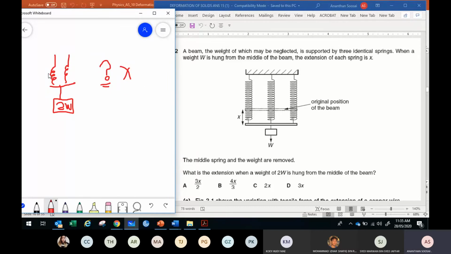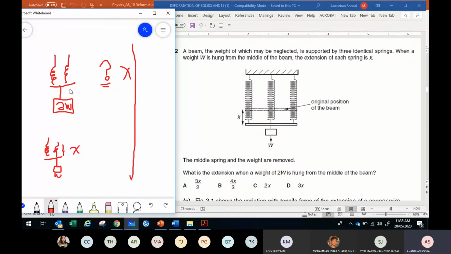So how to do this question? 2 springs with 2W. The original one is 3 springs with W, and the extension is X. Okay, you see, I draw a line here.